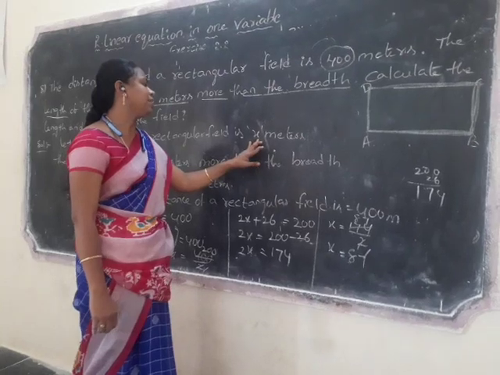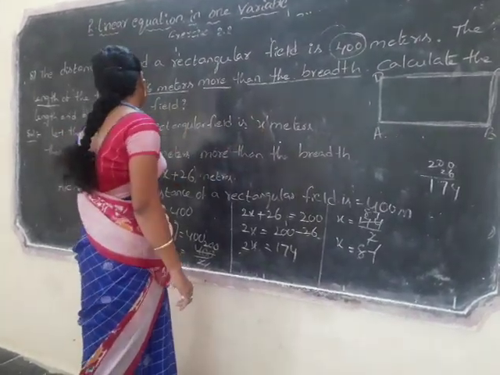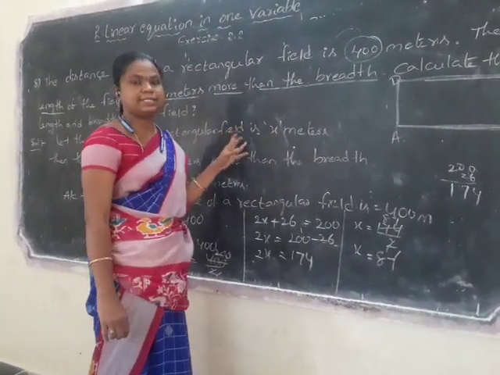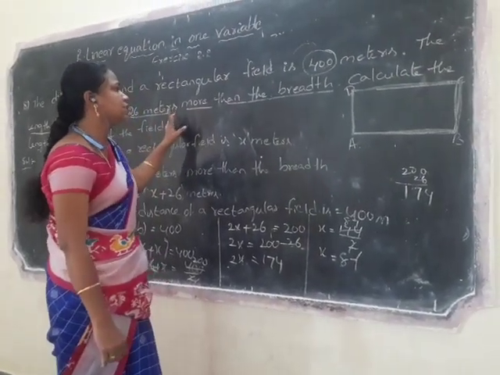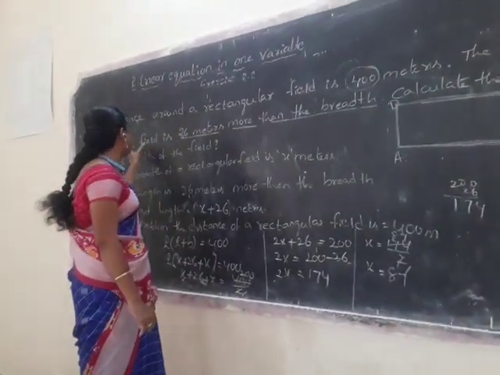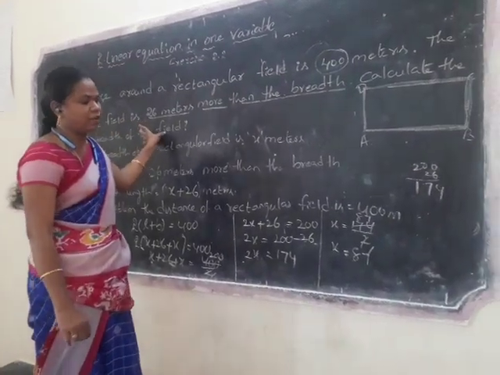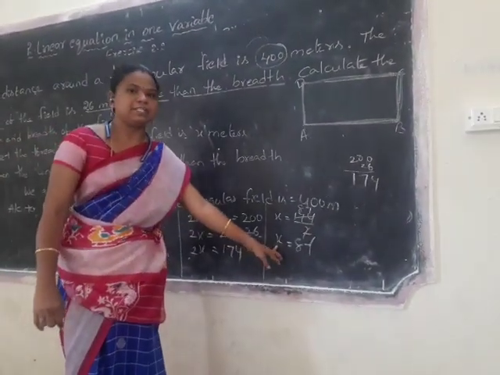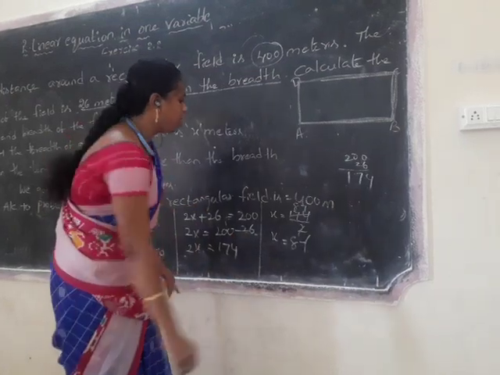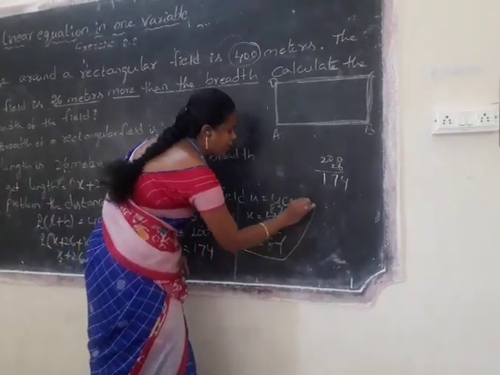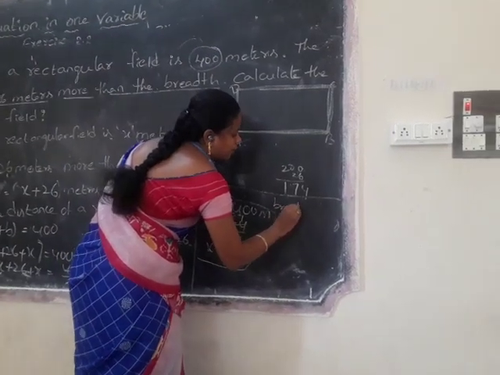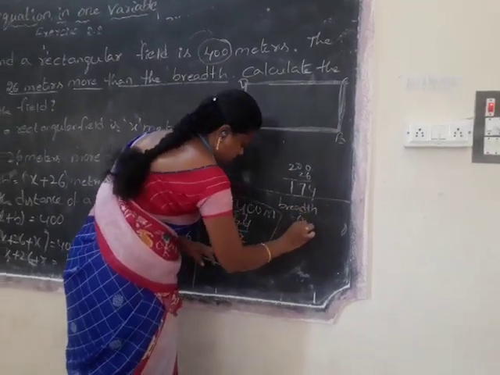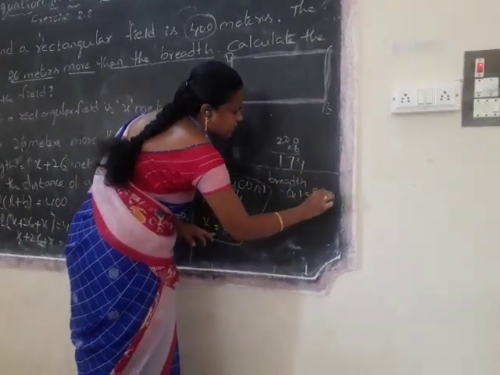Here, what is x? x is the breadth of the rectangular field. So in this problem we have to find out length and breadth. The breadth value is now found. Now we have to find out the length value. Breadth x is equal to 87 meters.